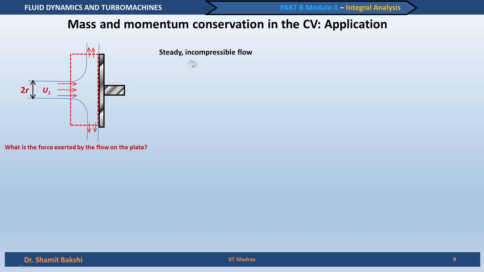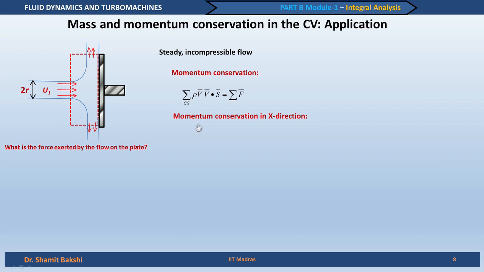The situation is again steady and incompressible flow. The velocity is not changing with time, and it is an incompressible flow. So, we can write the momentum conservation equation in this form, that is sigma of rho v bar (v bar dot s bar) is equal to sigma of F. Instead of writing directly as momentum out minus momentum in, we write it in this form and plug in these values into this equation.